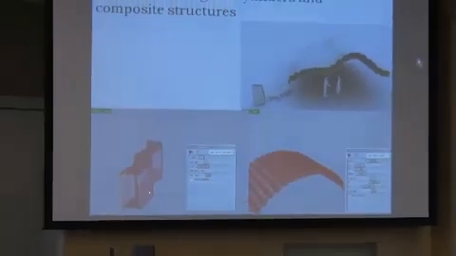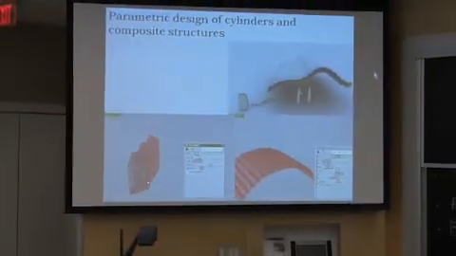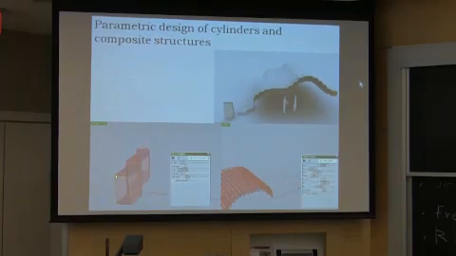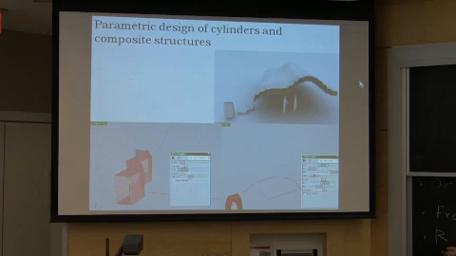And also you can make some kind of design variations. This is using Grasshopper on Rhinoceros. This is the given shape, the section, and from the section you can make a rigid foldable cylinder, and also composite structures like this.